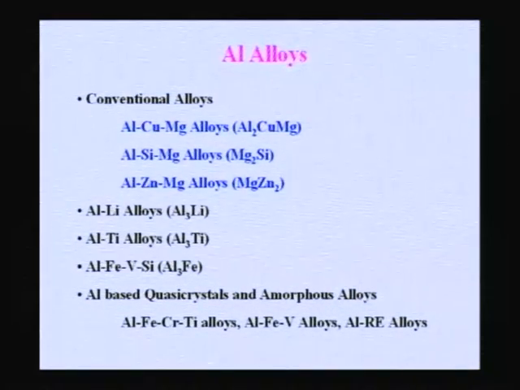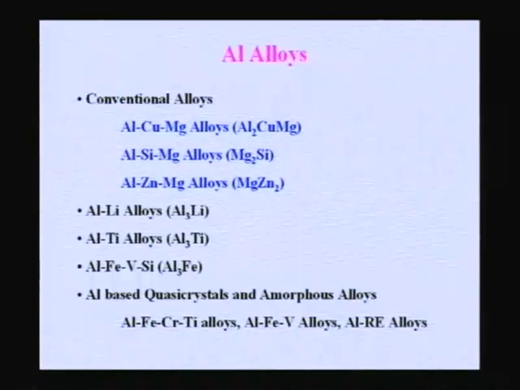So the most common aluminum alloys are the aluminum copper series, particularly the duraluminum alloys, where some amount of magnesium is usually added to get the Al2CuMg phase. Otherwise, if you don't add the magnesium, it's basically the Al2Cu phase, which is called the theta phase, and has an orthorhombic structure, and we all know that this kind of a phase is very brittle.